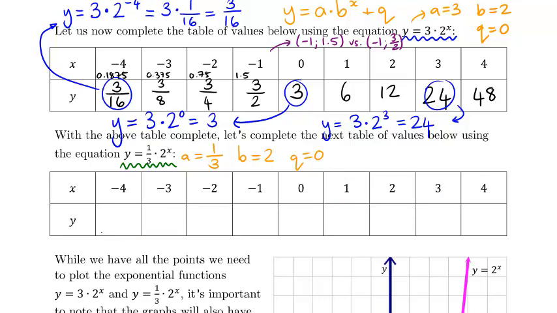Okay, so this value over here, x equals minus 4, y would equal 1 over 3 times 2 to the minus 4. We know that 2 to the minus 4 is 1 over 16, so this is 1 over 3 times 1 over 16. That is 1 over 48, guys.